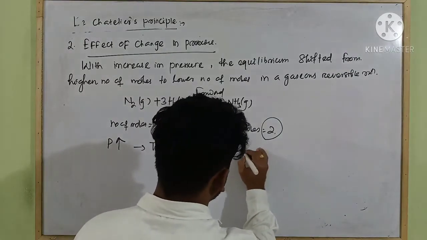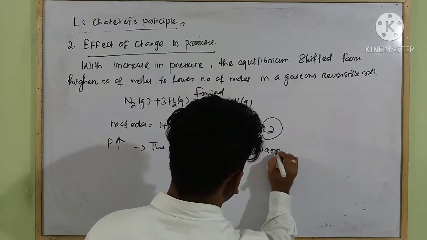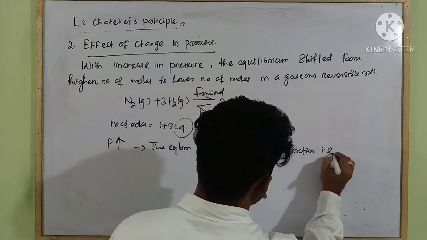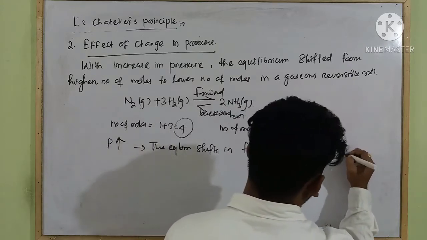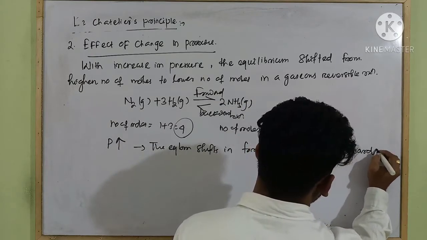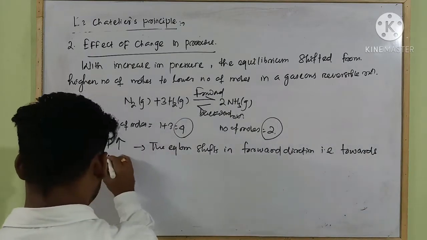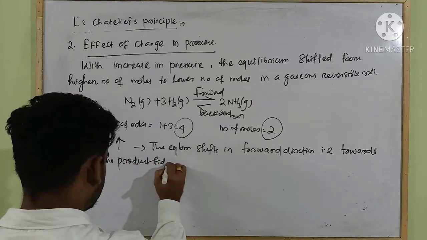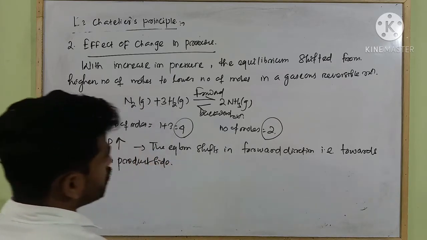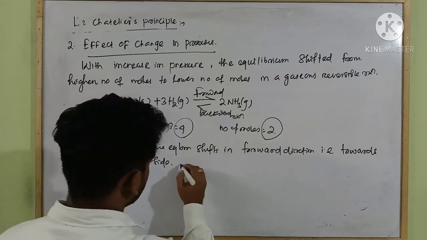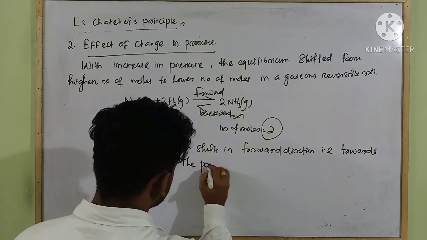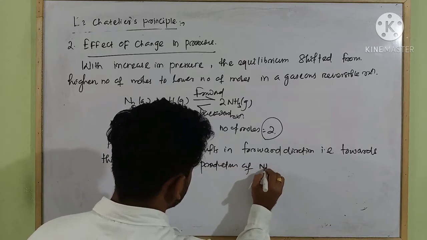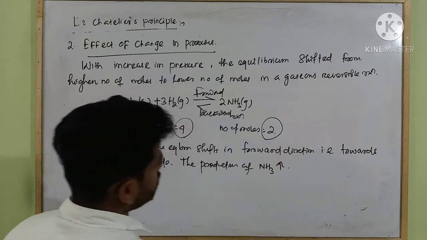It shifts in the forward direction, that is towards the product side. So the production of ammonia increases.